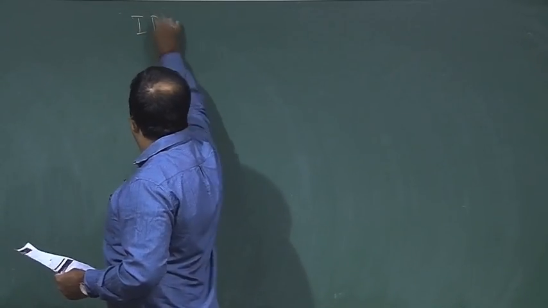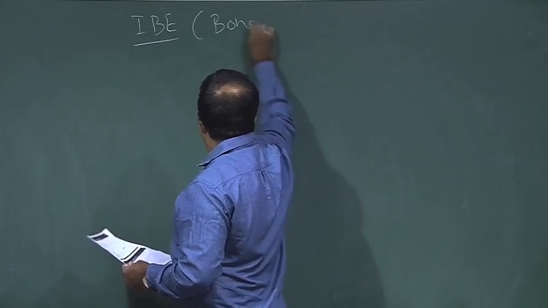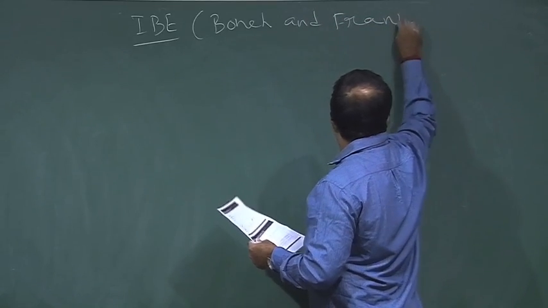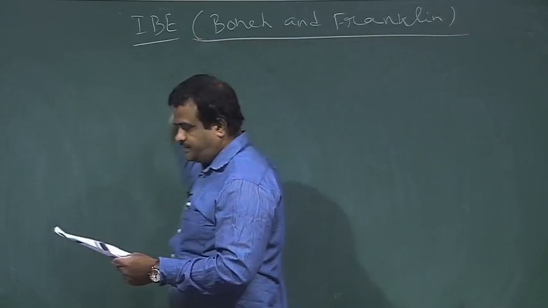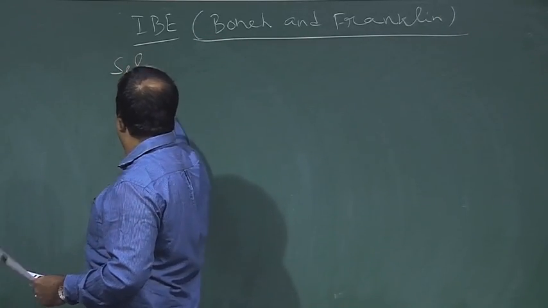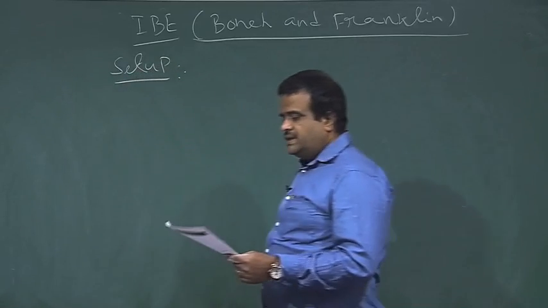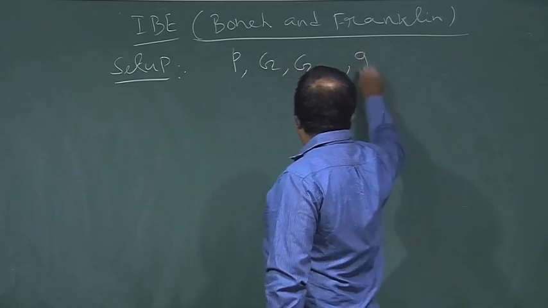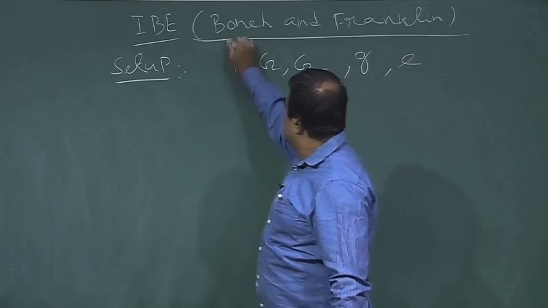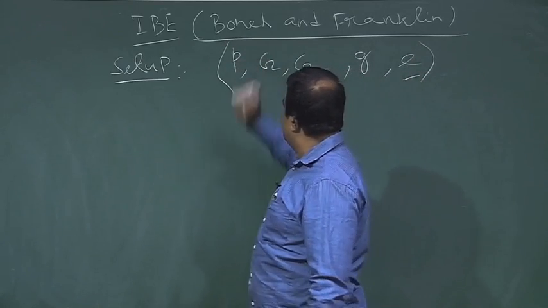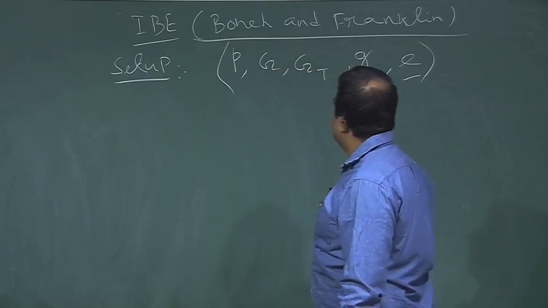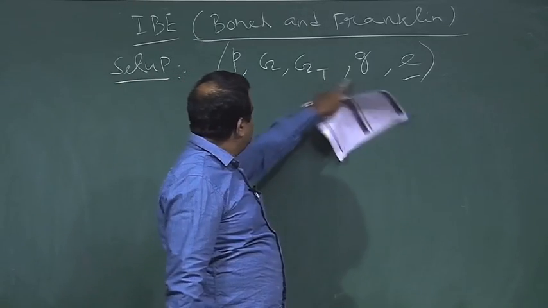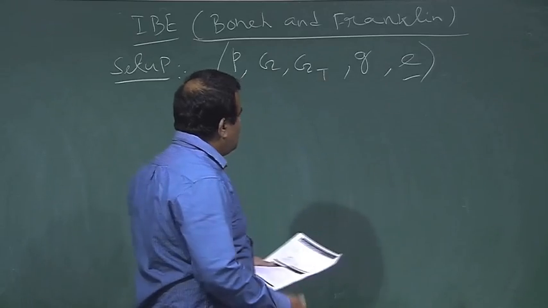So the setup phase. At the setup phase, we choose a prime P, and G and GT, two multiplicative cyclic groups of order P, where g is a generator of G and E is the bilinear map.